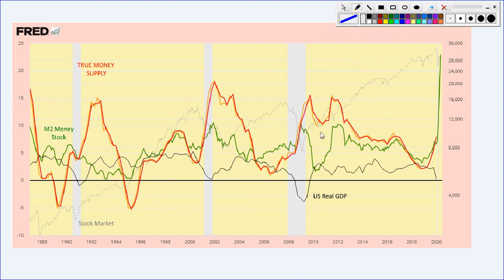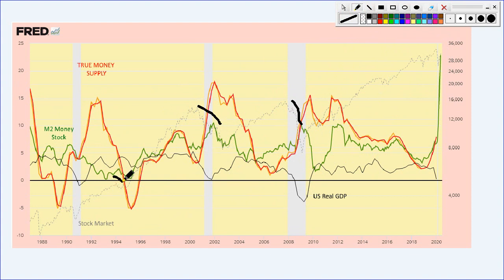So the point about it is that we're seeing money supply accelerate while the crisis is ongoing. What you also must notice is that even though money is accelerating while the crisis is ongoing, it doesn't always stop the crisis.